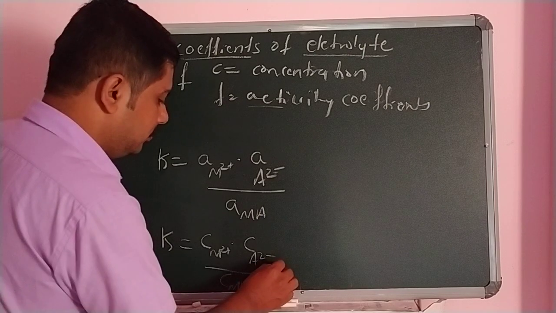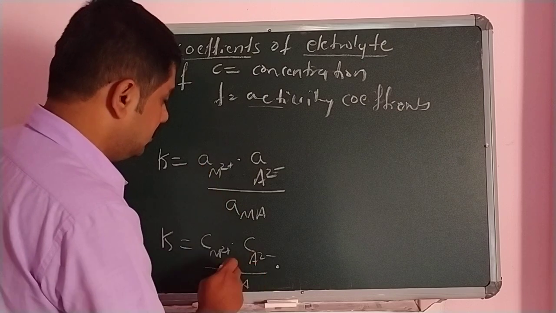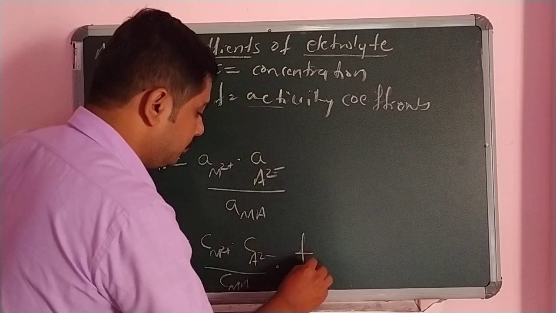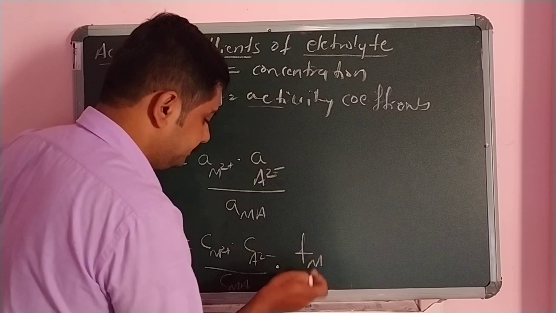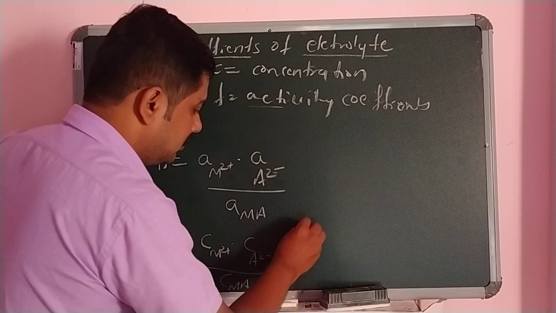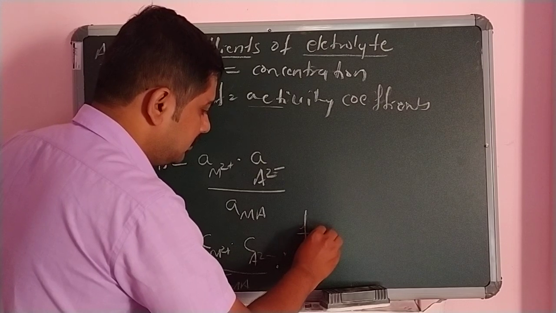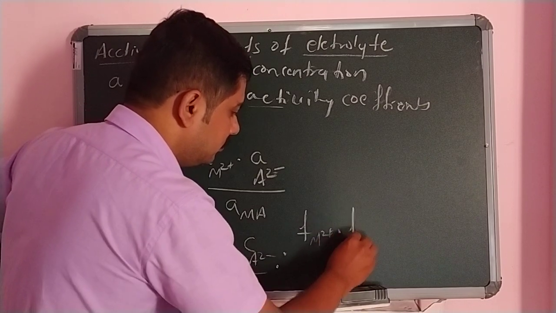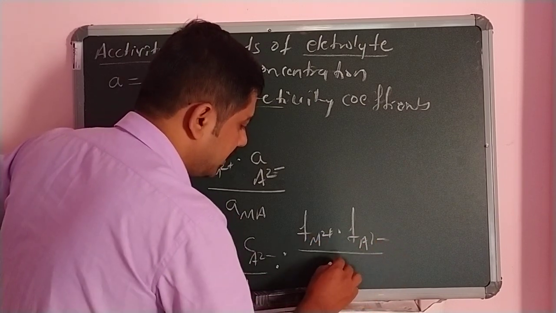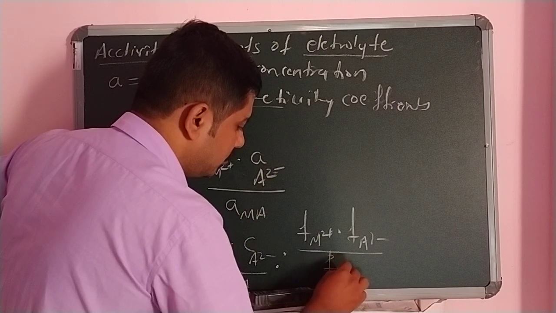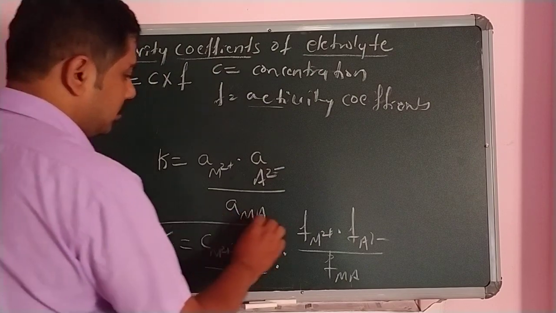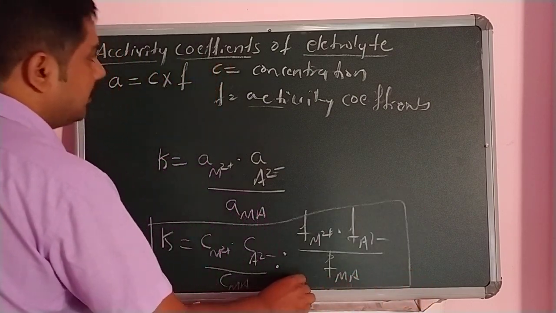I will take that, multiplying by the activity coefficients: f of M^z+ into f of A^z- divided by activity coefficient of MA. Okay, so this is the main equation of the activity coefficient of an electrolyte.